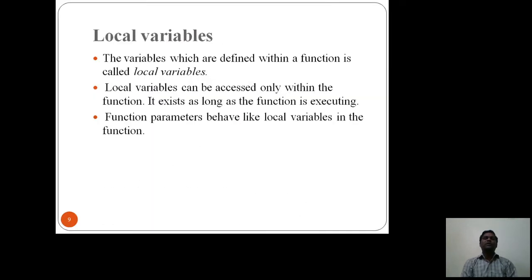Local variables. The variables which are defined within a function are called local variables. So whatever variables are defined inside the function, we can call them local variables. A local variable can be accessible only within the function. It exists as long as the function is executing.